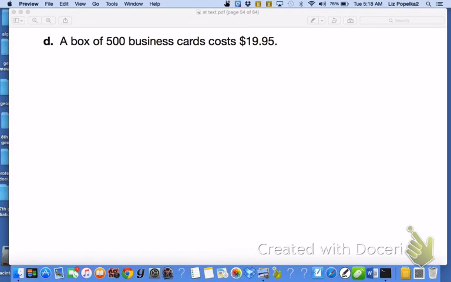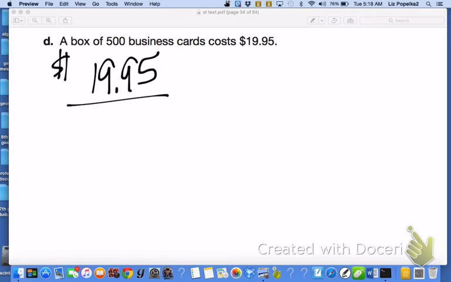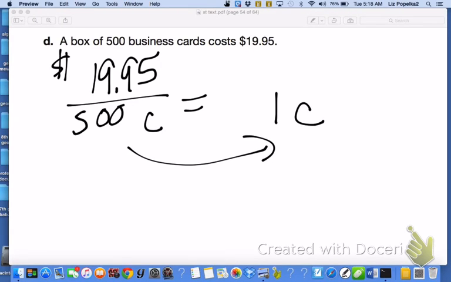For D, pause the video and then go back and start it when you're ready. I'm going to go ahead and assume that you have paused the video and now you're ready to check it. So $19.95 for 500 cards. I don't care how much 500 cards are. I'm finding the unit rate. So I want to know how much one card is.